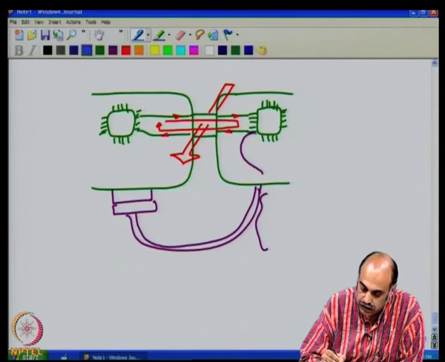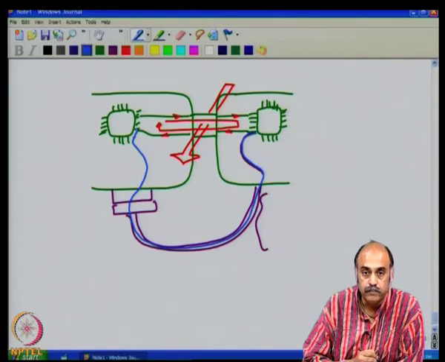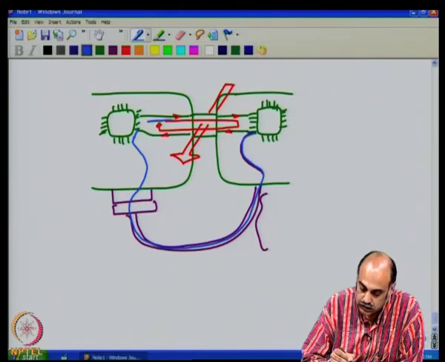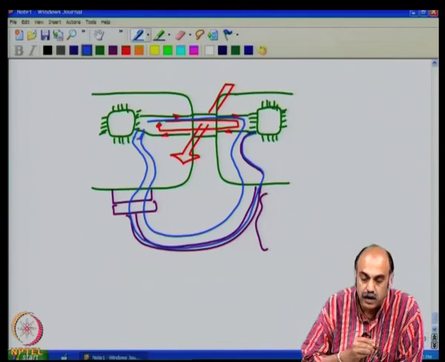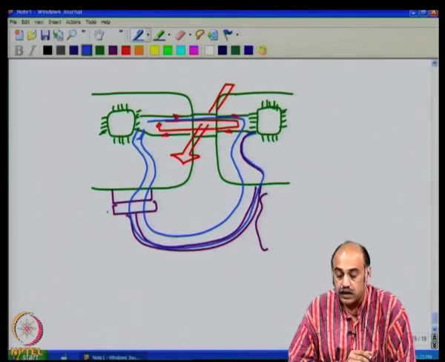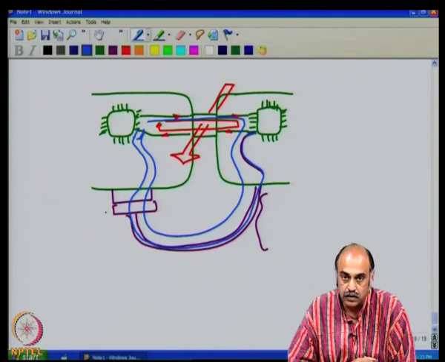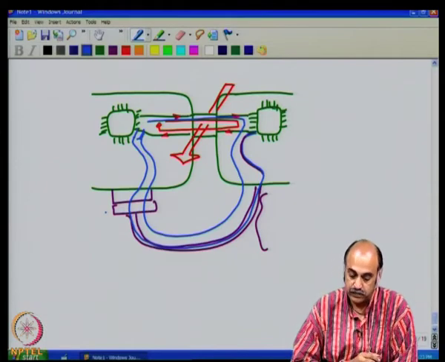There can be a path from here, return path, which goes through here like this and returns to a ground here. Now, this is a pretty big loop area, and even a small current which flows through this undesired path can cause havoc to other circuits and may also not pass the electromagnetic EMI specifications.